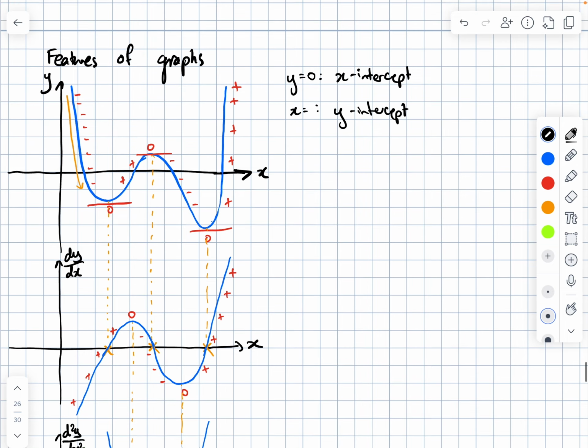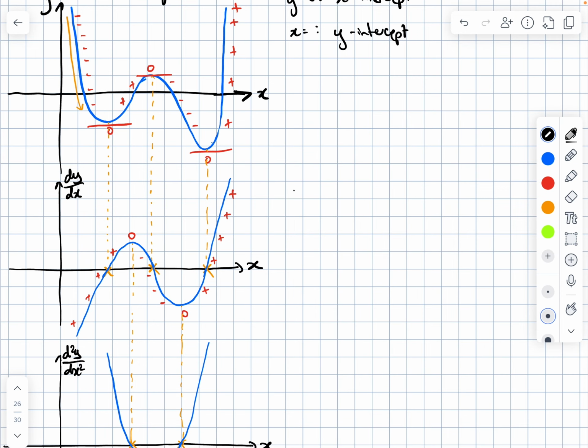Looking at the differentiated graph, when dy dx equals 0, that gives you these points here. In this case, the 3 turning points, which are also called stationary points. Stationary meaning the gradient is 0.